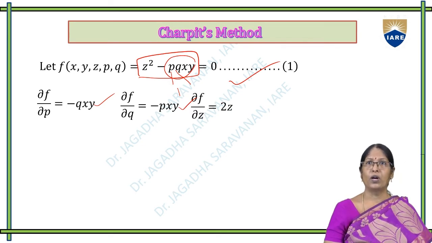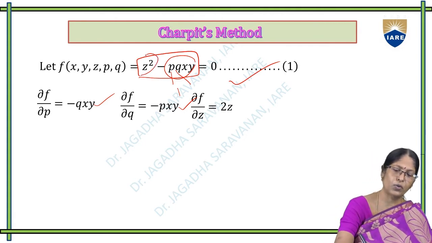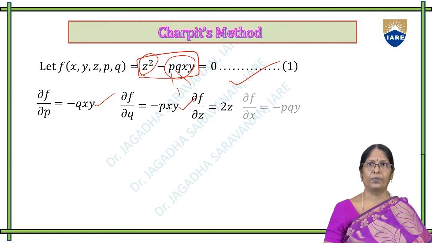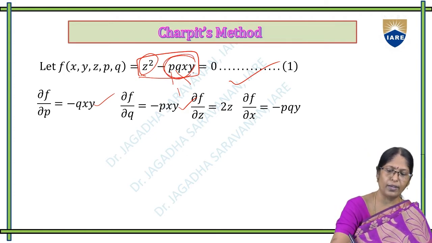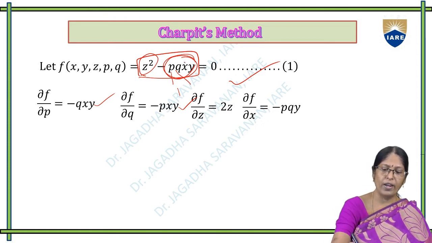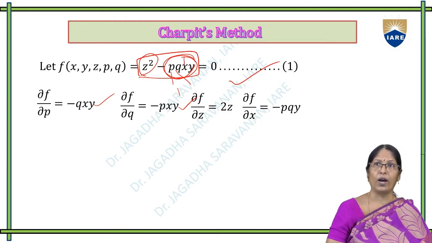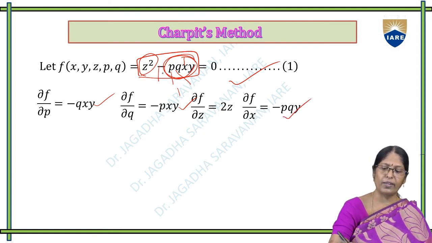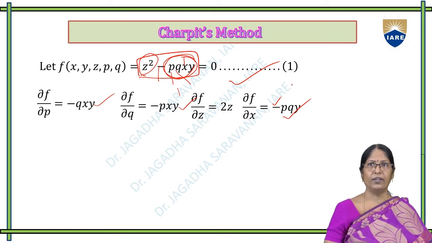The next is dou f by dou z, that is z square, the differentiation is 2z. Next dou f by dou x. Only in this the variable x is there. So x differentiation is 1 into pqy, that is minus pqy, the minus sign is written here.